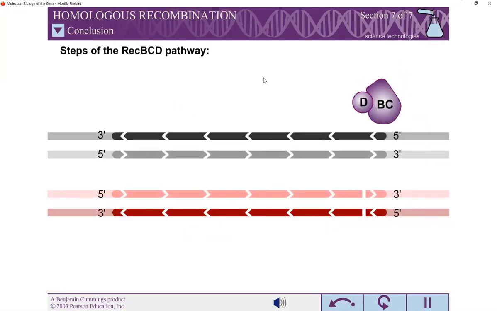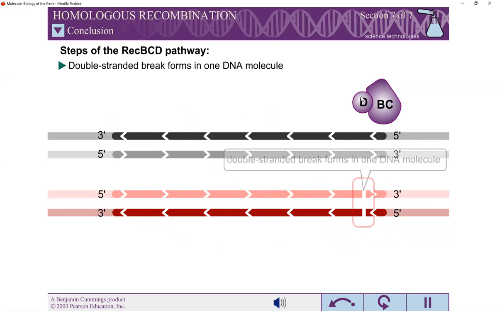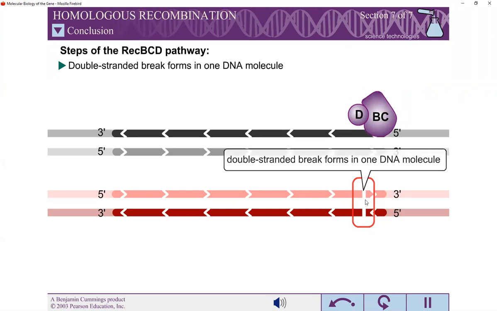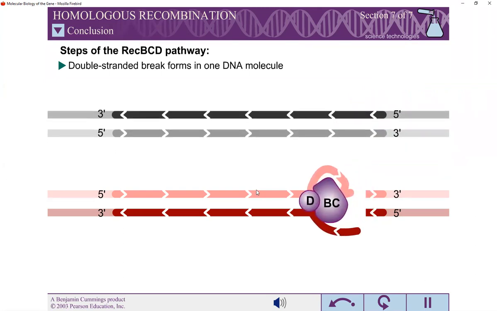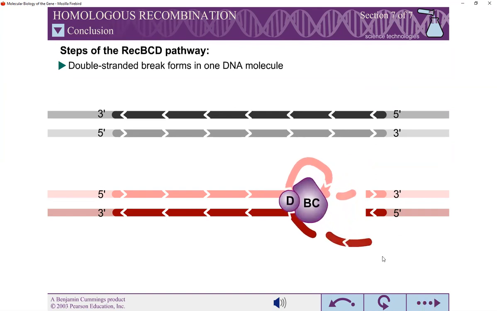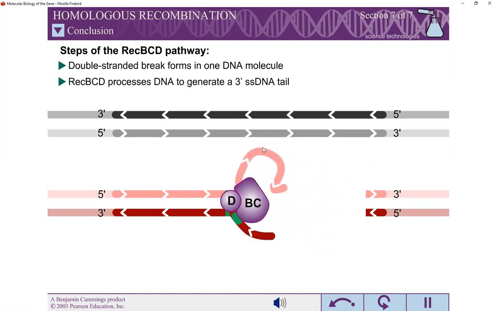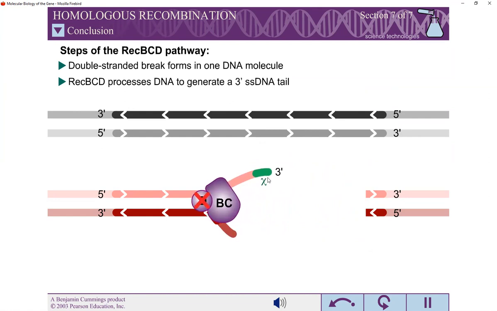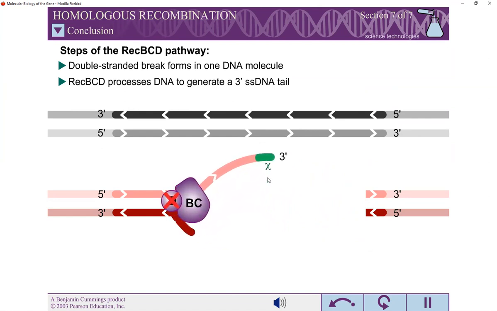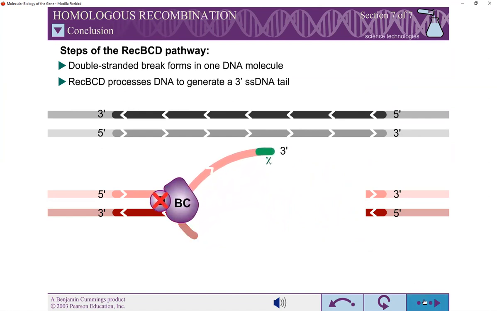Cells use homologous recombination to exchange genetic information between DNA molecules. The mechanism of recombination in E. coli is the RecBCD pathway, which requires a double-stranded break in one of the DNA molecules involved in recombination. Several enzymes are involved in this pathway, the RecBCD enzymes. This is just a conclusion, just a summary. RecBCD processes DNA to generate 3' single-stranded tails. This tail will migrate further.